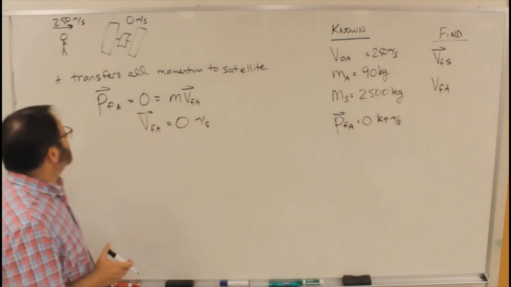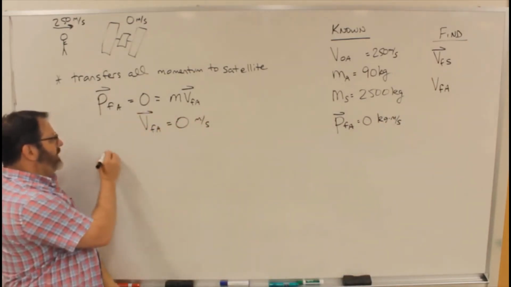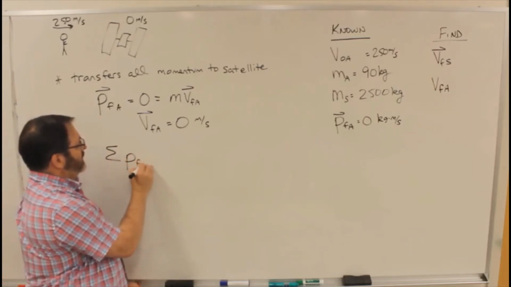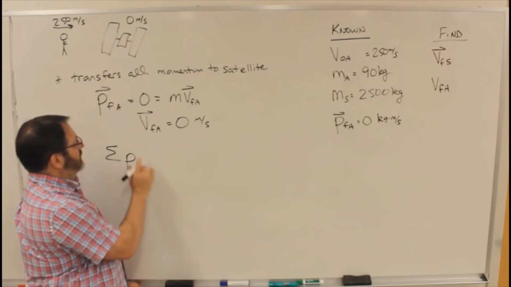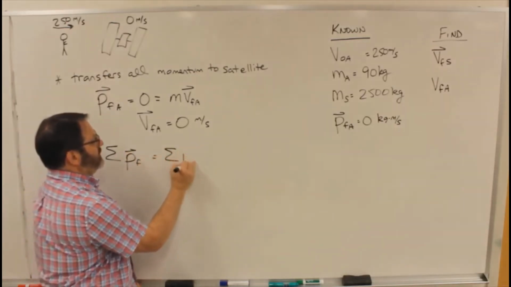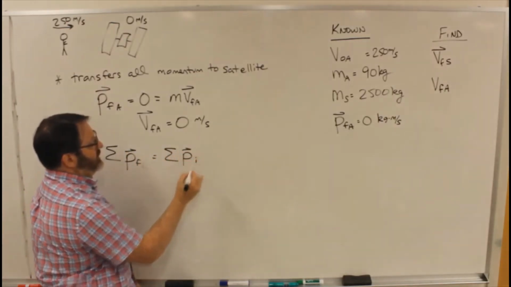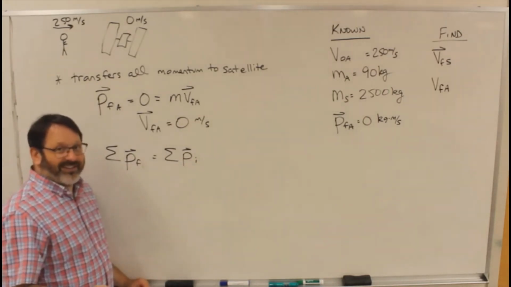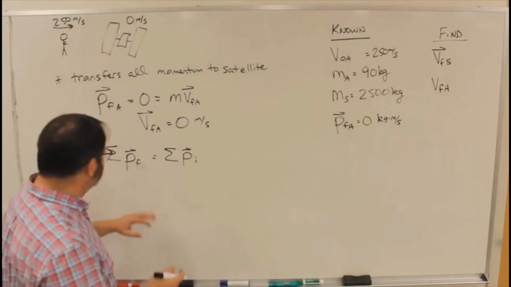What about the satellite? Well, now we have to use conservation of momentum. The sum of the final momenta has to be equal to the sum of the initial momenta. Plural of momentum is momenta, so you hear me say that word a lot.